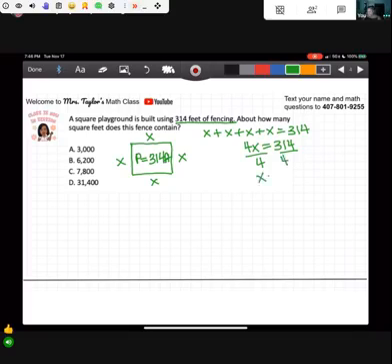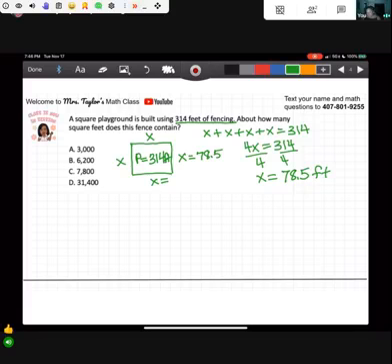And so x is going to equal 314 divided by 4. It's going to get 78.5. Now this is 78.5 feet. So that means that that is what each side is equal to.